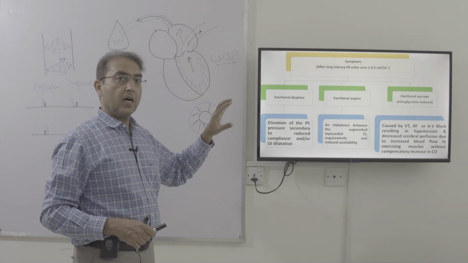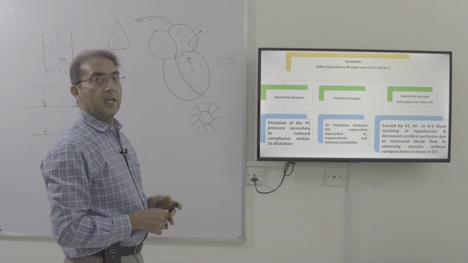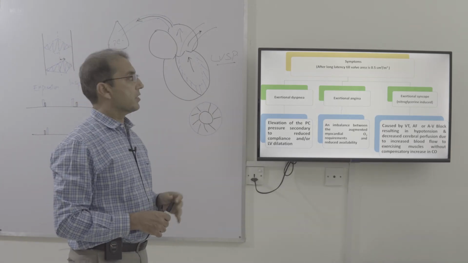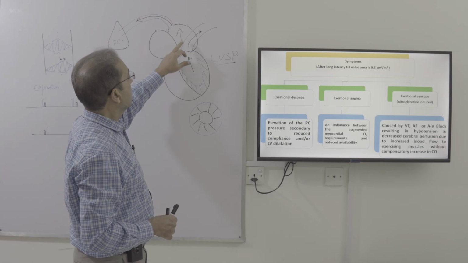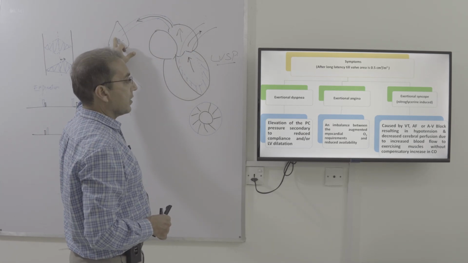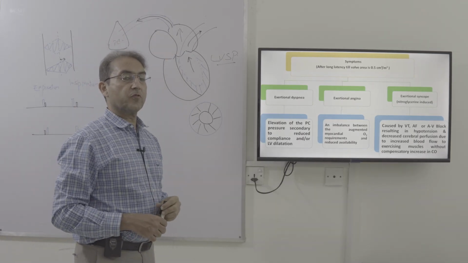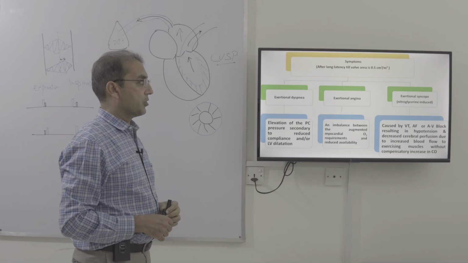Not only does it start hypertrophying, it starts dilating. So both result in a rise in left ventricular end diastolic pressure. This end diastolic pressure then is transmitted to the atria and then back into the pulmonary circuit. So the pulmonary compliance starts falling, and the patient starts feeling shortness of breath on exertion.